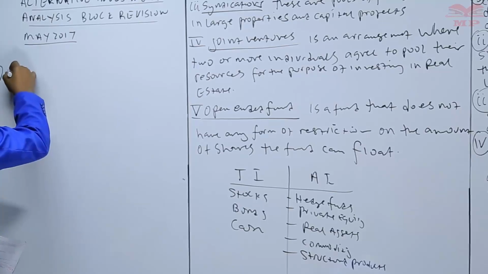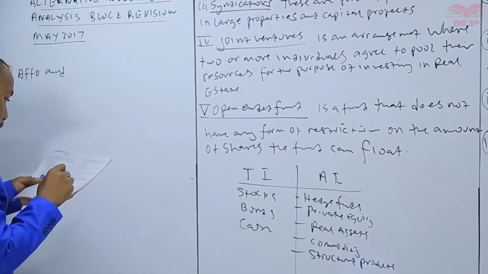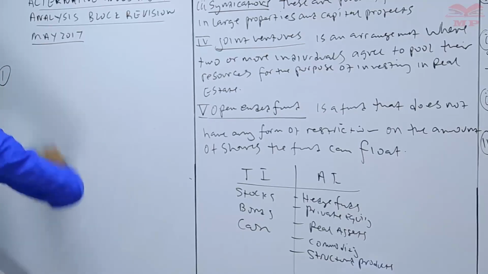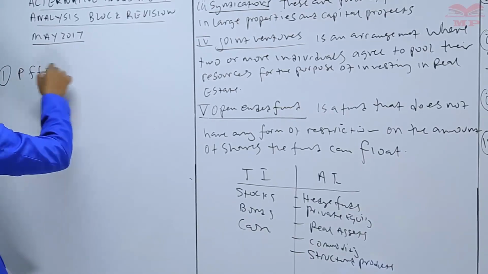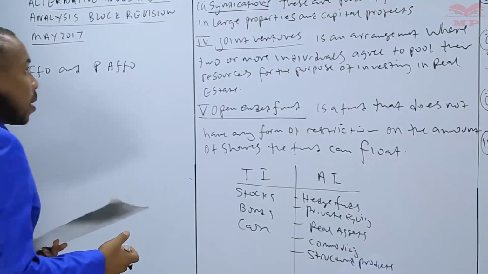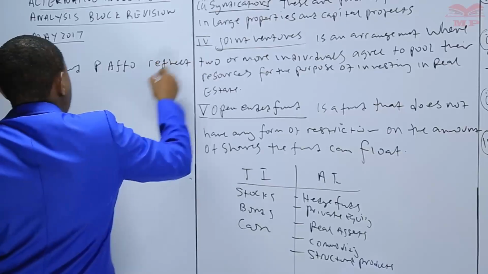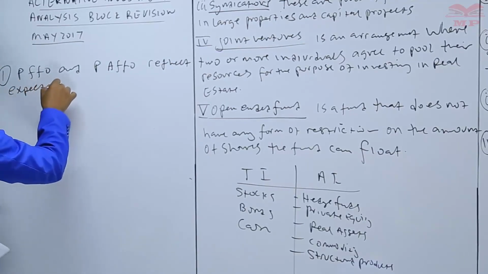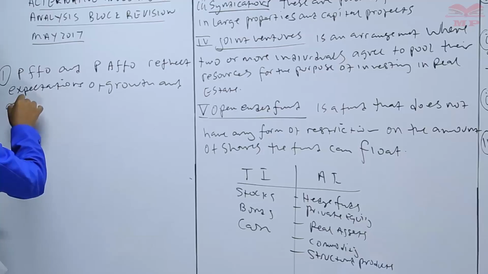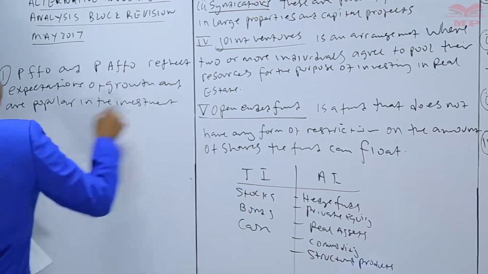So AFFO, PFFO and PAFFO reflect expectations of growth and are popular in the investment community.